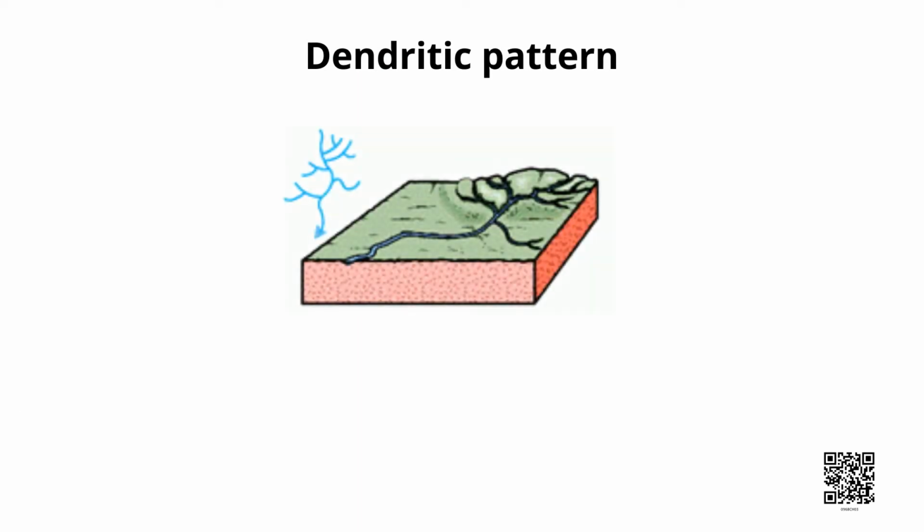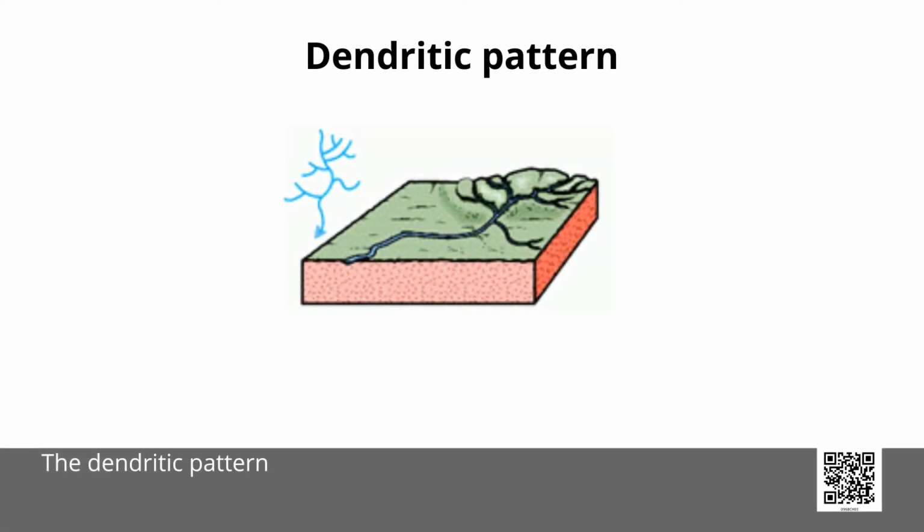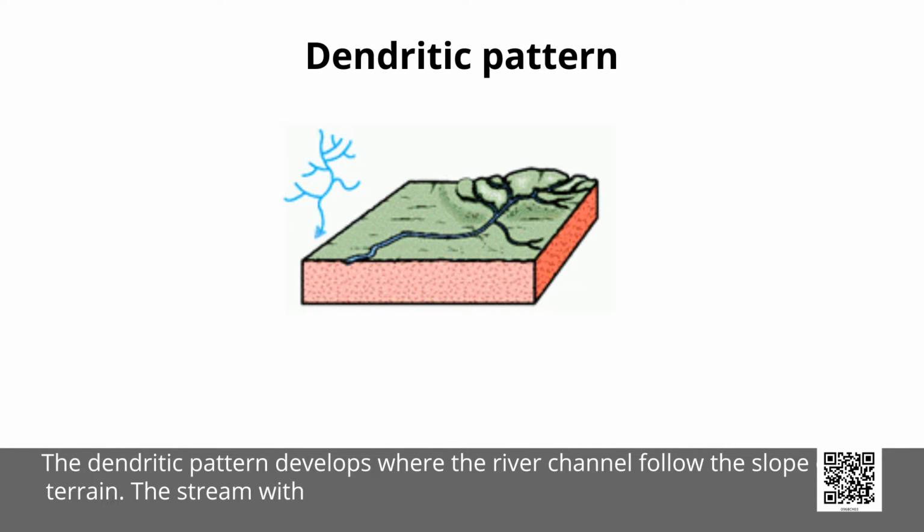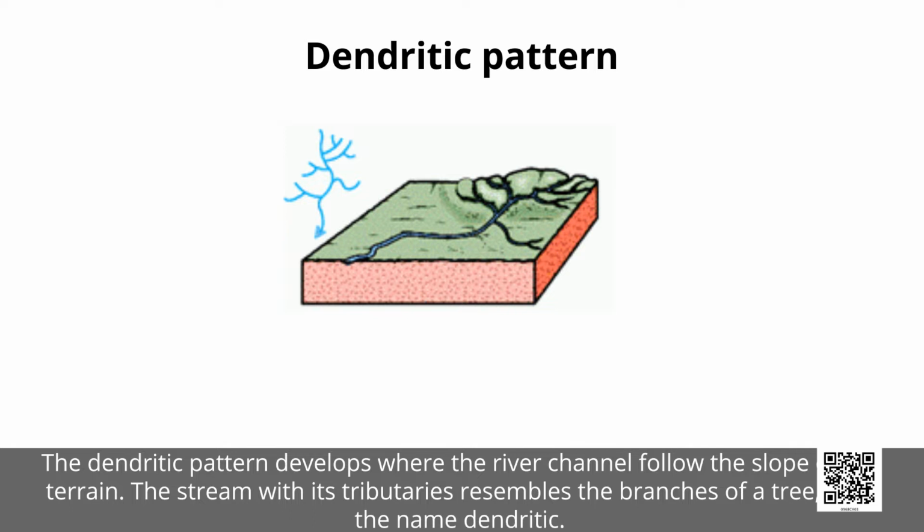Let's take up the dendritic pattern, which develops where the river channel flows along the slope of the terrain. The stream with its tributaries resembles the branches of a tree. Thus, the name dendritic, a river joined by its tributary.